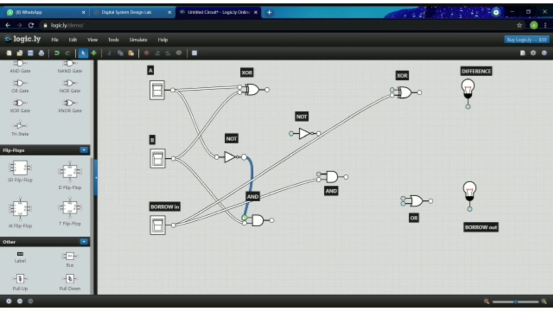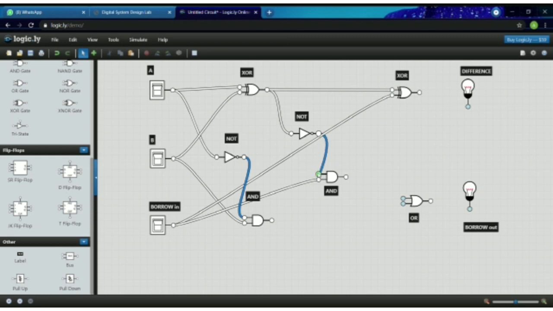And now we are connecting the NOT gate to AND gate and NOT gate to NOT gate and XOR gate to XOR gate.